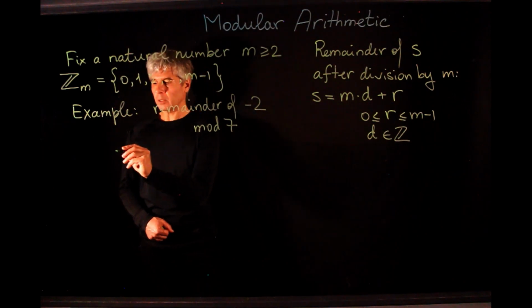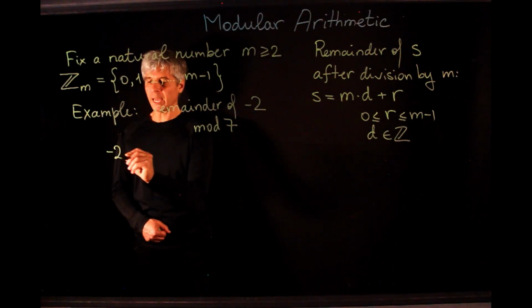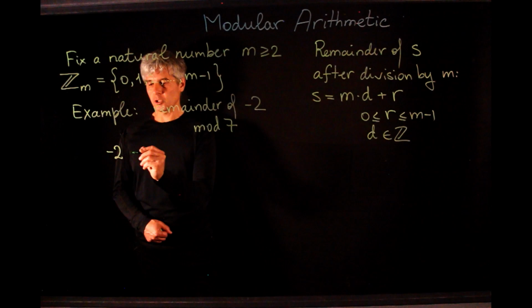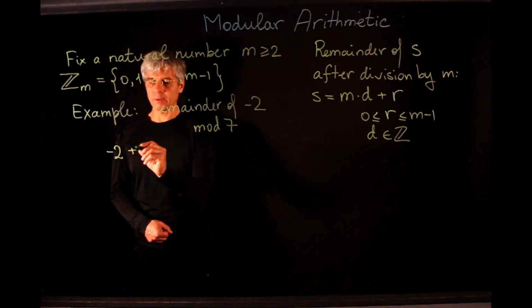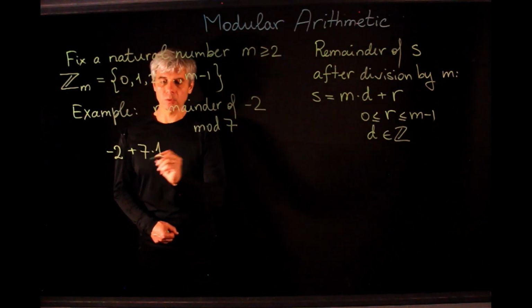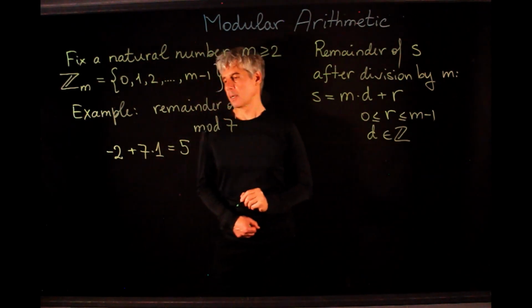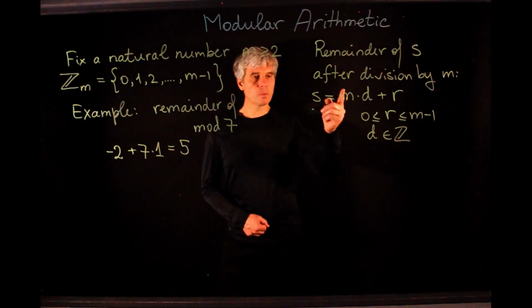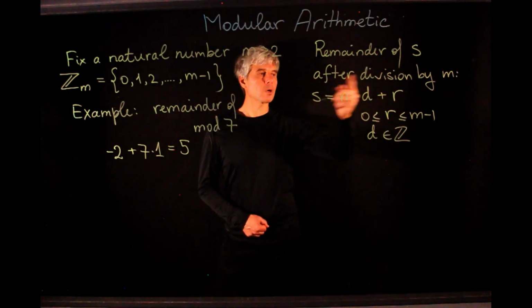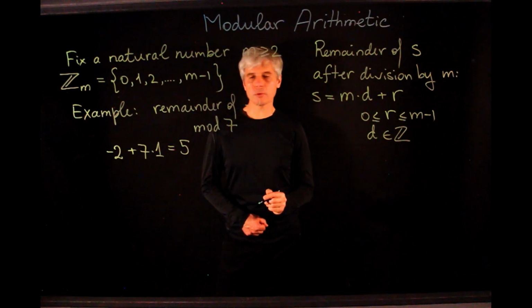So in this case, we need to add just 1, right? So 7 times 1. And the result is 5. And so this conforms to this form of writing.